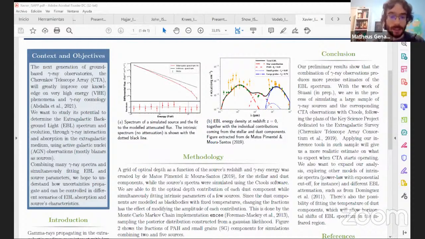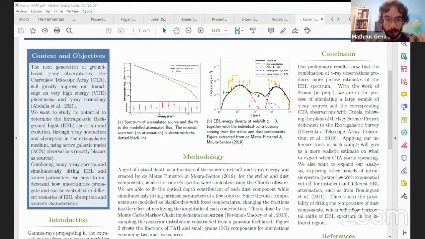I'm sorry, I don't have the mathematical expression here, but the optical depth is essentially an integral over the numerical density of the EBL, so more EBL photons, more attenuation is expected, times the cross-section of photon-photon interaction. And it's an integral over the redshift from the source to the observer.